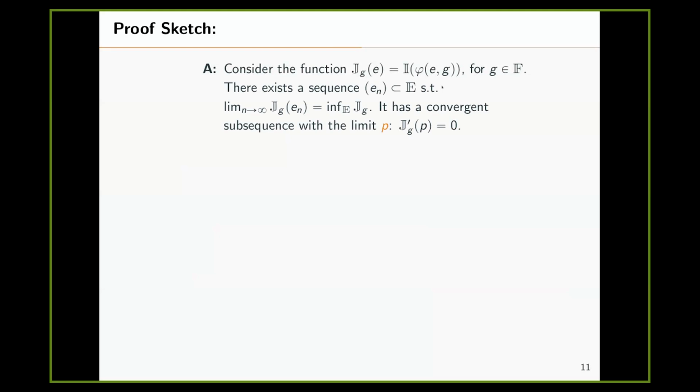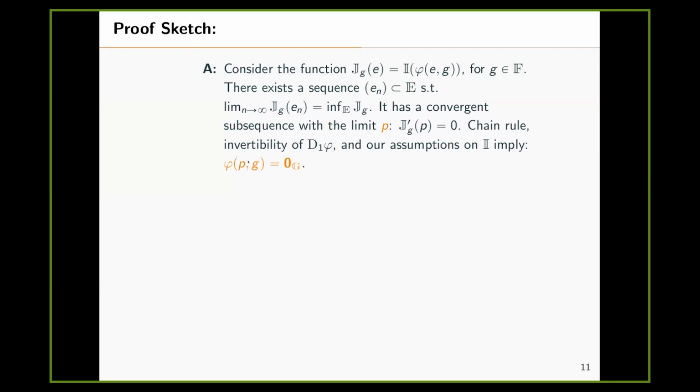So the minimization theorem guarantees the existence of a minimizing sequence with a convergent subsequence that approaches a critical point P. And actually, we can show that the value of the function at point P, evaluated at g, is equal to the zero element. So this P is a solution that we are looking for.